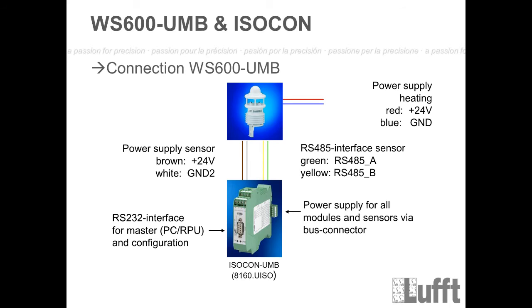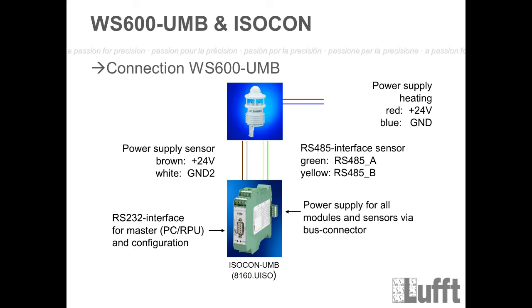Always the same. Then we have 2 wires for the communication. Also these wires are always the same. We have the green wire for RS485A and the yellow wire for RS485B. Always the same. These are the 4 standard wires.